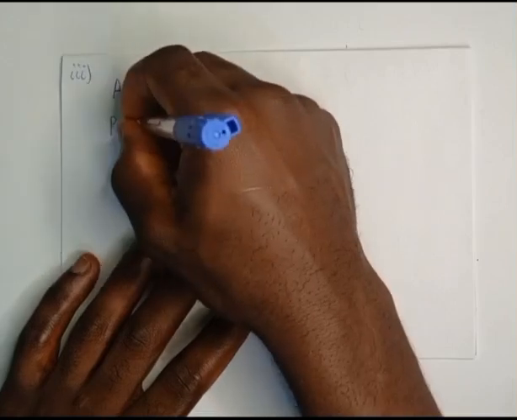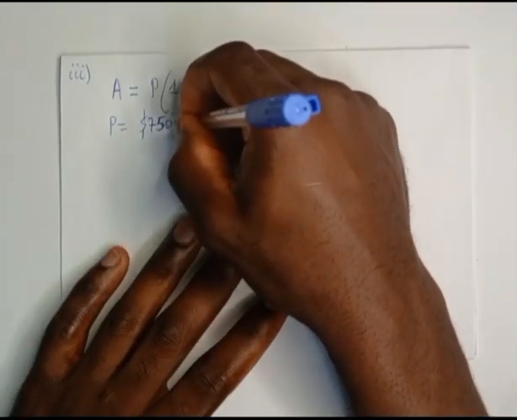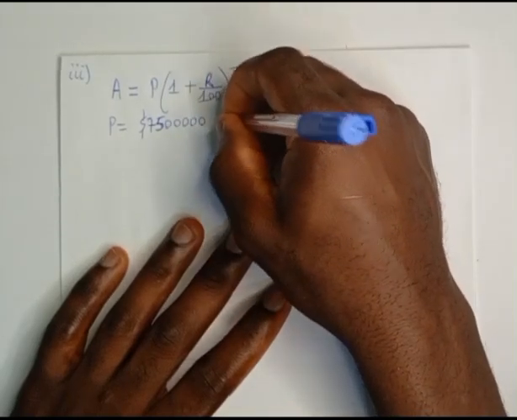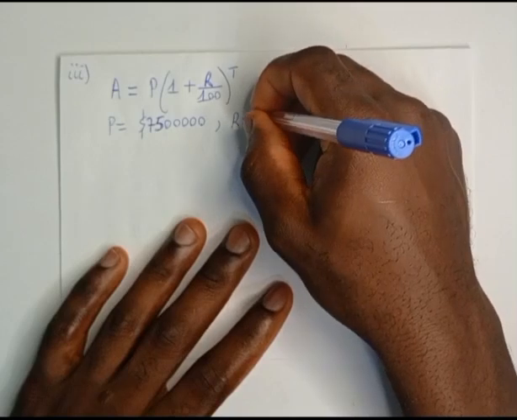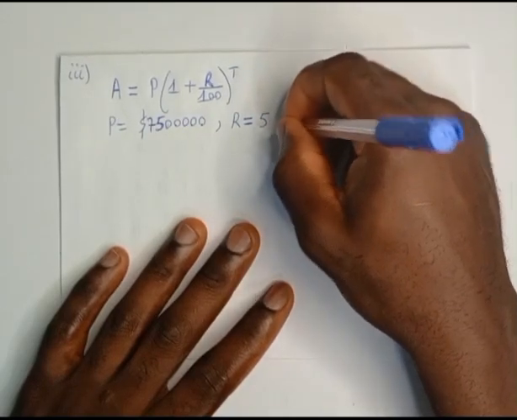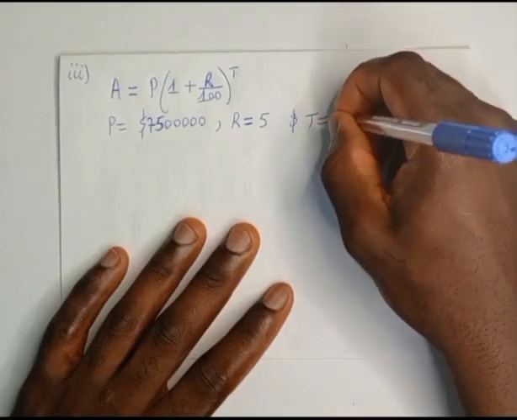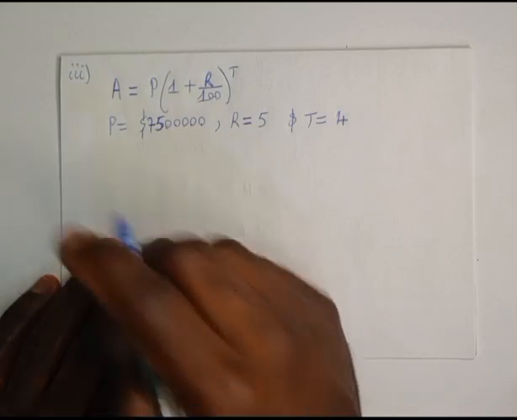The principal is equal to $7,500,000. The value of R, the rate, is 5, and the time T is 4 years. Knowing all this, we can easily find the amount.